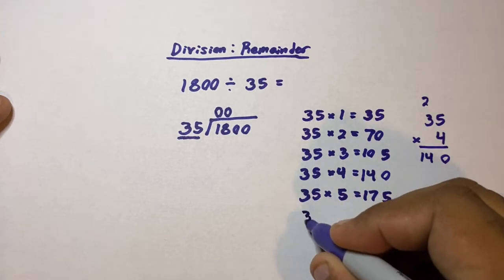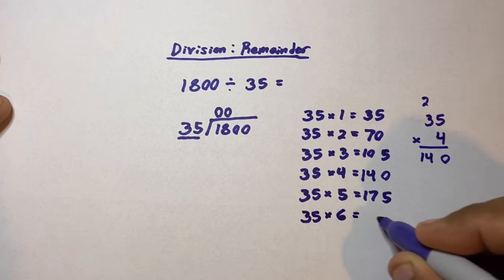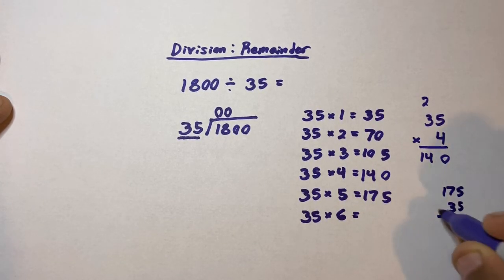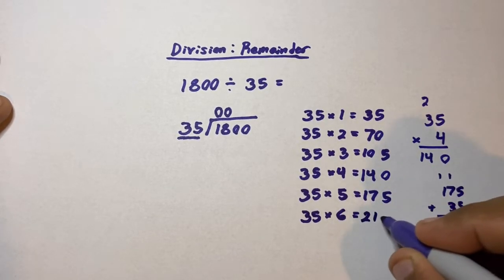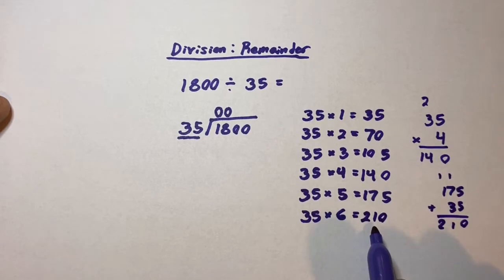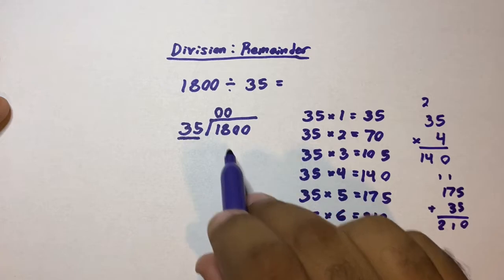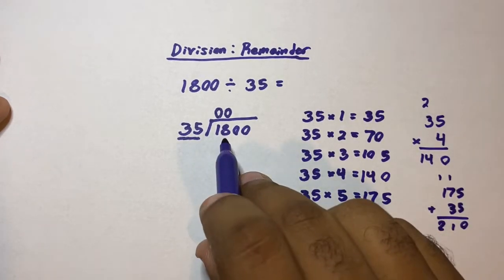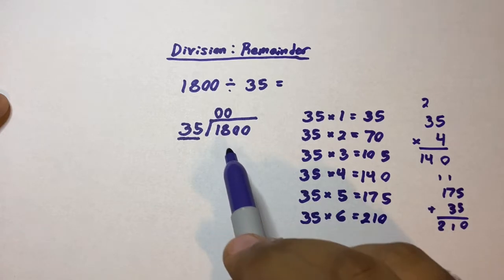Well, if we do 35 times 6, I can just do 175 plus 35, which will be 210. 210 is too big to fit inside 180. So we know it's not 6 times. 210 cannot fit in 180. However, 175 can fit in 180.